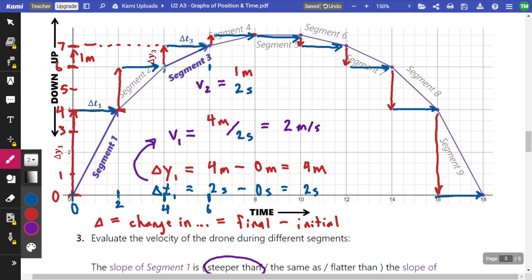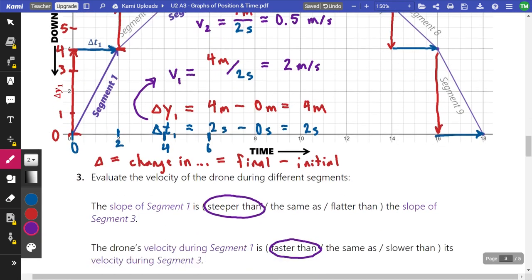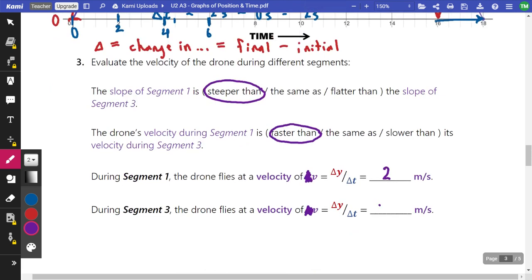So if I take 1 meter divided by 2 seconds, you can write it either as a flat fraction, or you can do it as a diagonal. 1 divided by 2 is 1/2, or you could also write it in decimal form as 0.5, which I like better. There you go. And now our units are meters per second. All right, so let's write that down here. 0.5 meters per second. Cool.